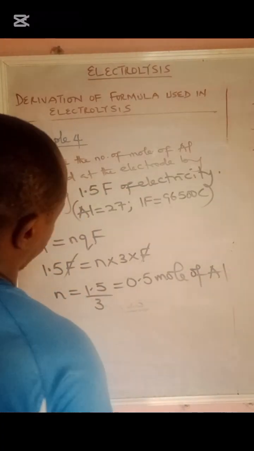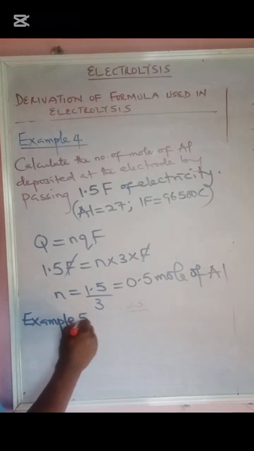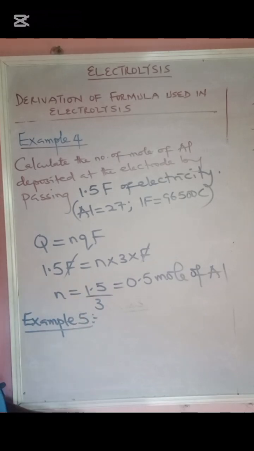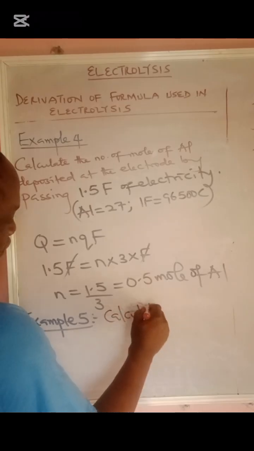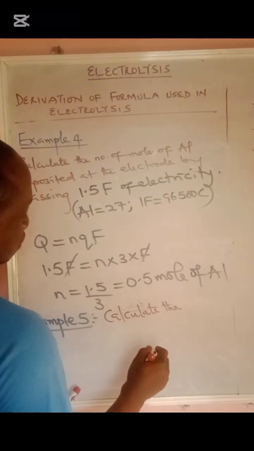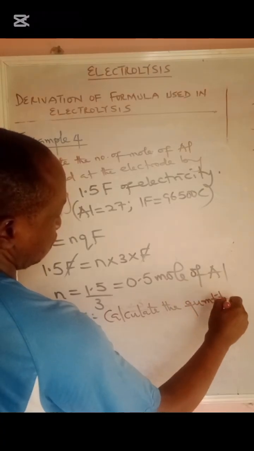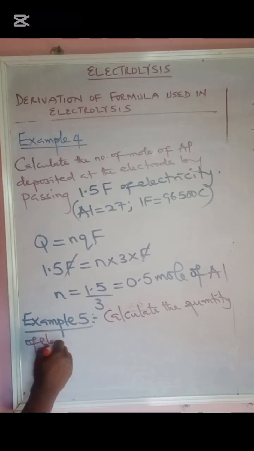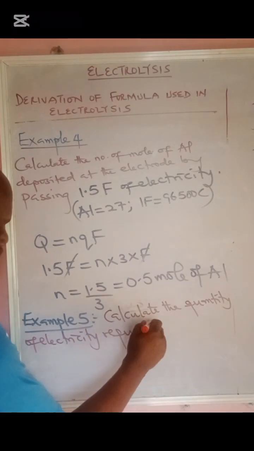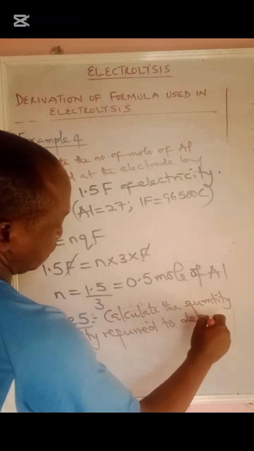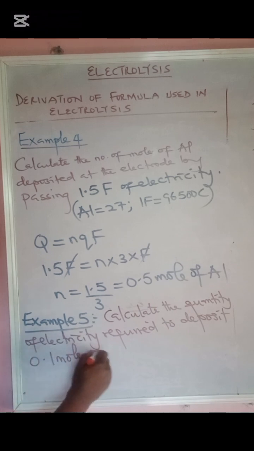So let's see example 5. Calculate the quantity of electricity required to deposit 0.1 mole of aluminium.